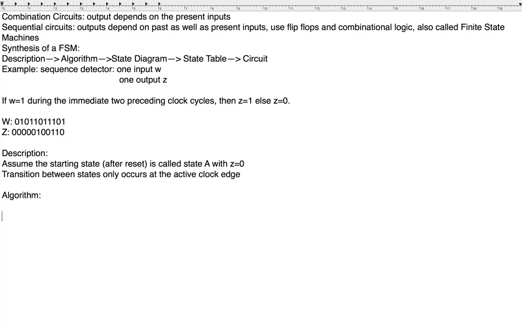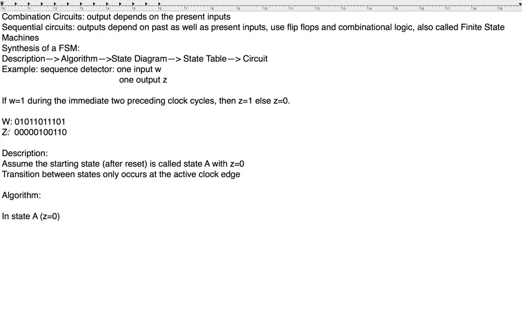For the algorithm, that's where we're going to be in state A. Because it's a Moore type, this is how I can tell it also. See how the first, let me line these up better. There we go.